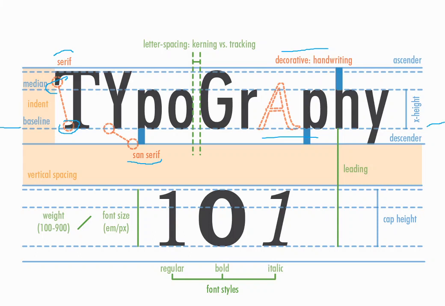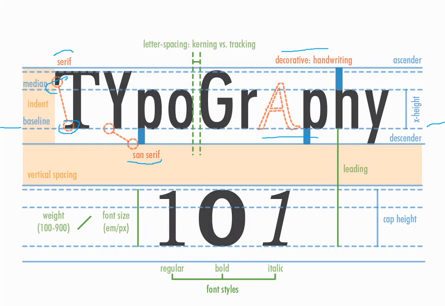Baseline here. They all sit on a baseline, and some letters have long legs, like the P and Y, so the legs reach to the descender line. For the tall ones, their heads reach to the ascender line, like the H letter here.